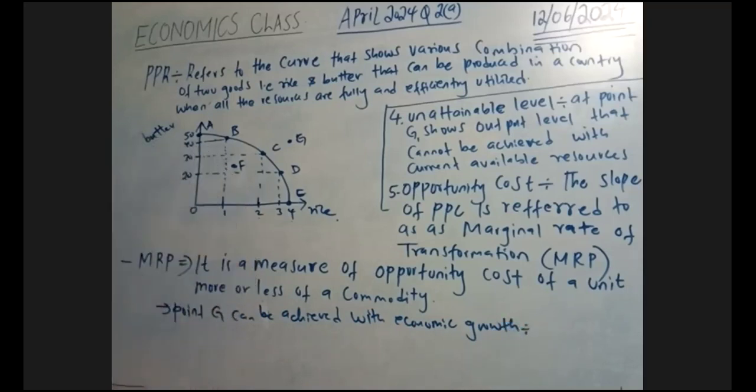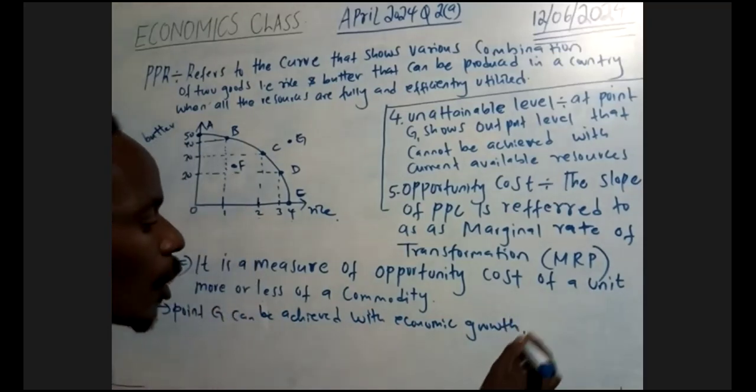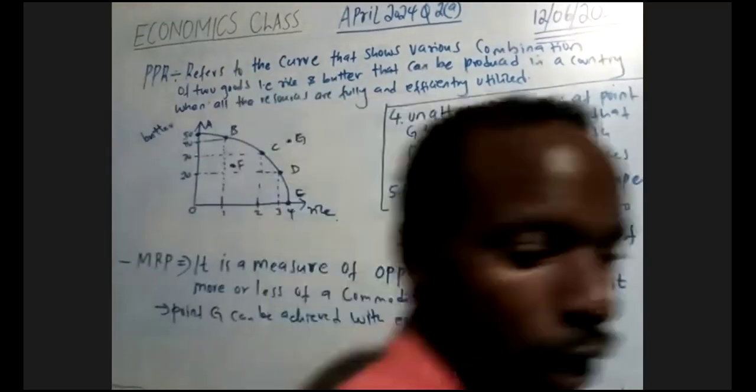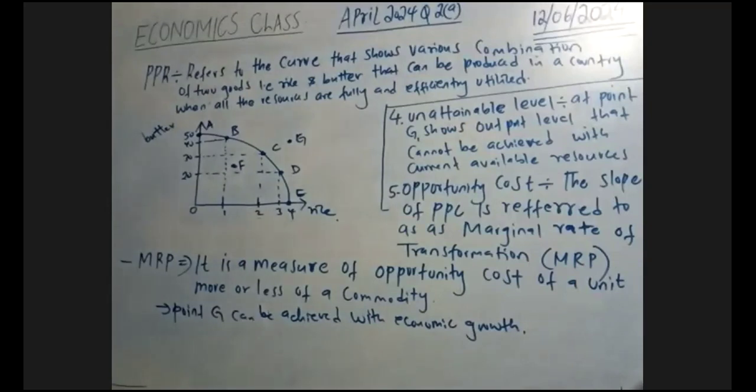And remember, what is economic growth? Economic growth refers to the increase in production of goods and services in an economy. A sustainable increase in goods and services. When economic growth occurs, our capacity also grows.